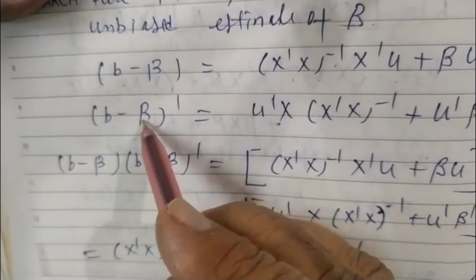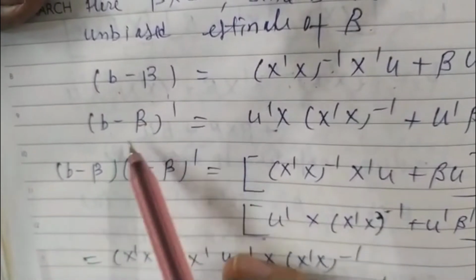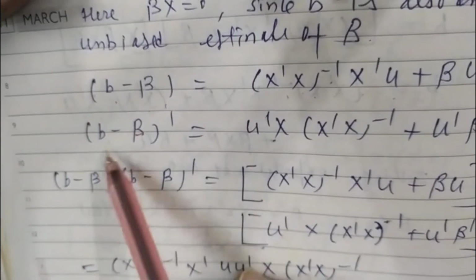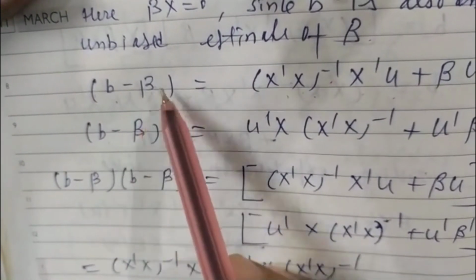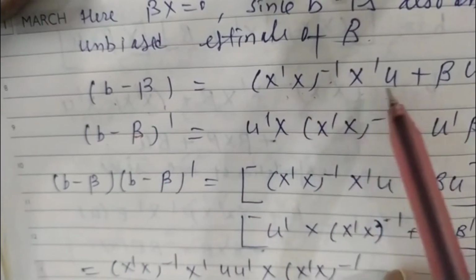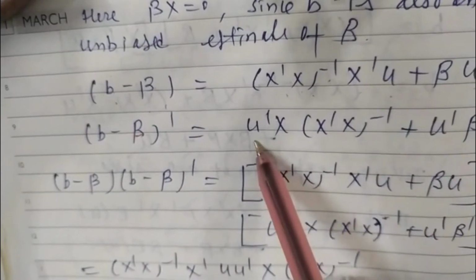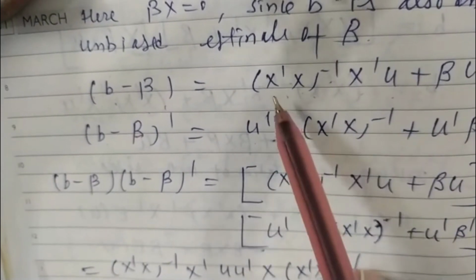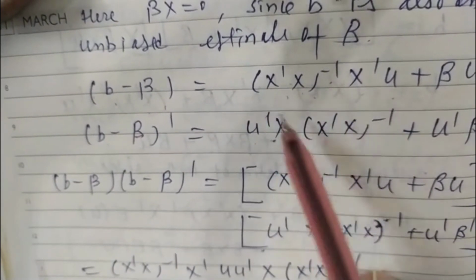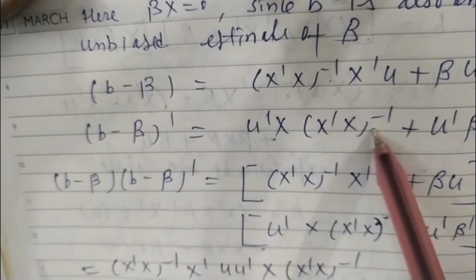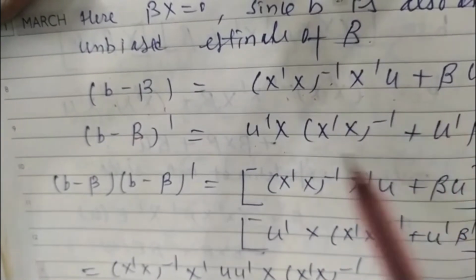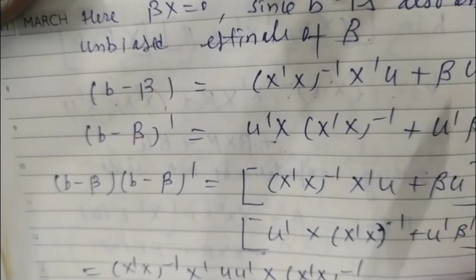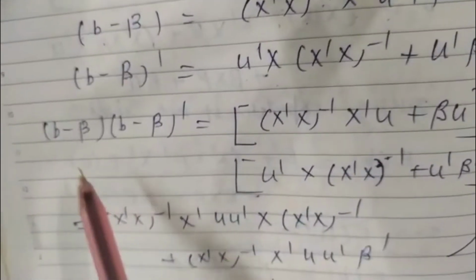b minus β is (X'X)^-1 X'u + Bu, and the transpose of this, u'X(X'X)^-1 + u'B'.